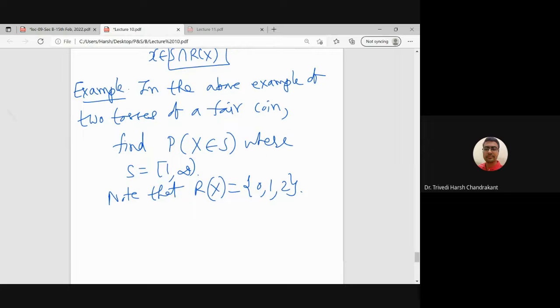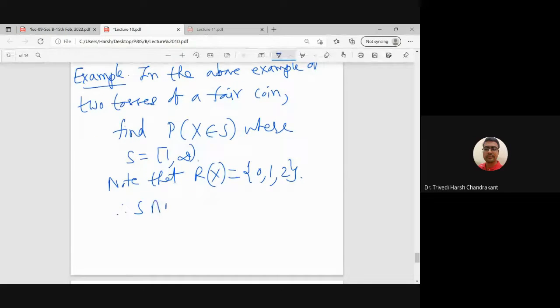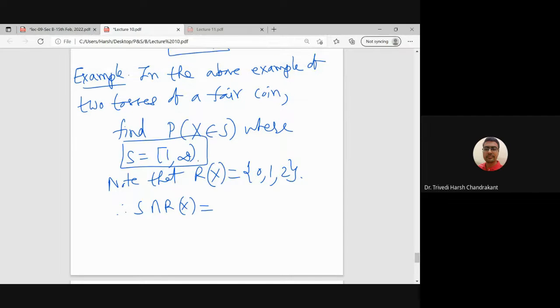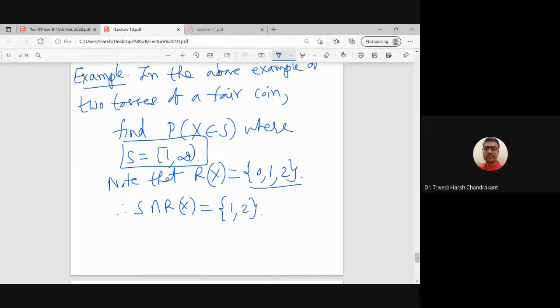So what is S intersection Rx? So this is our interval, all the real numbers which are greater than or equal to 1. What are the real numbers in the range which are greater than or equal to 1? So that is either 1 or 2. Right? Either 1 or 2. So this is the set.